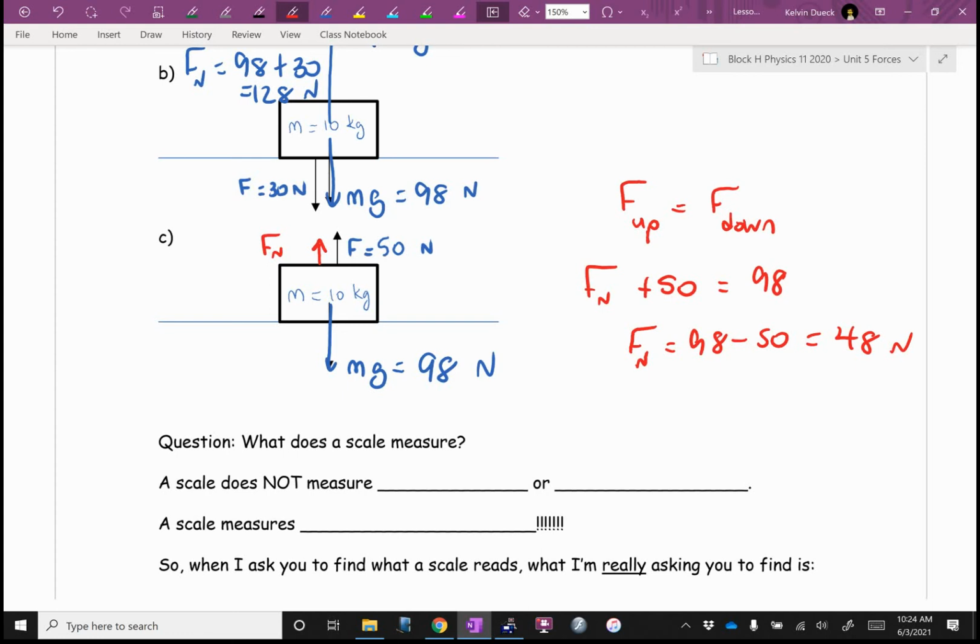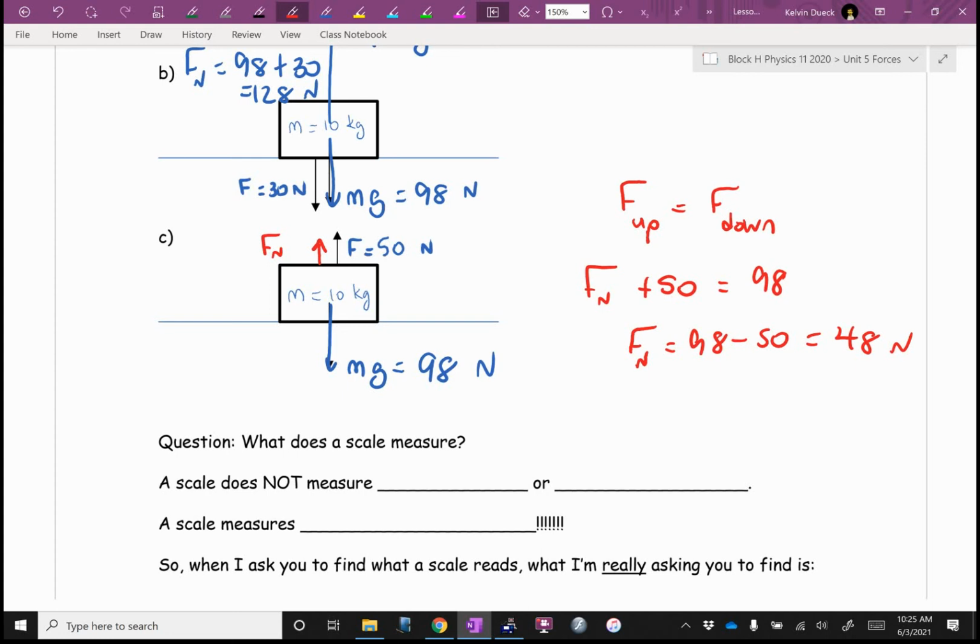So you ready? That means if I push down on Braden's shoulders, his mass doesn't change, but how hard the ground has to push up on him does, just like situation B. The scale should get bigger. Does it? Okay. If I were to lift up on him, has his mass changed? No. Has gravity changed?